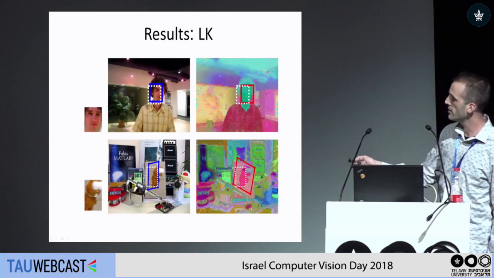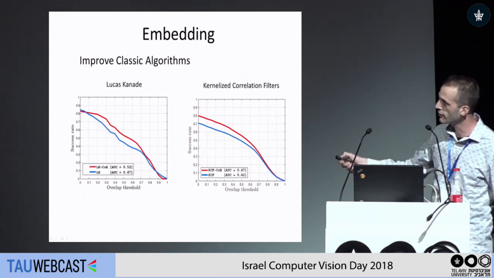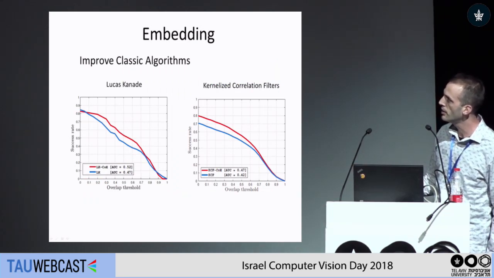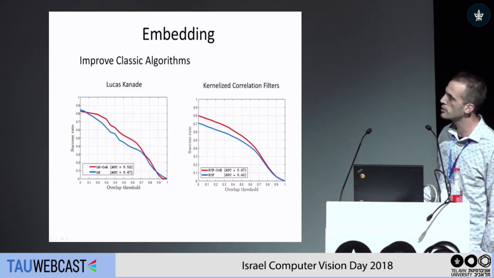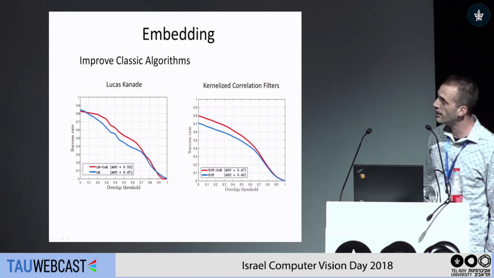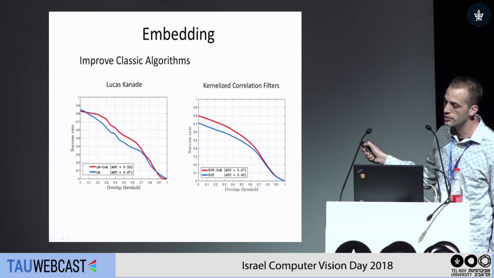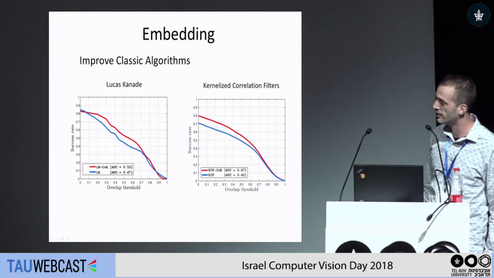And of course, we've conducted a thorough analysis on a full benchmark, and you can see in blue the results with RGB values, and in red the results with co-occurrence embedded values, both for Lucas-Kanade and for kernelized correlation filter.